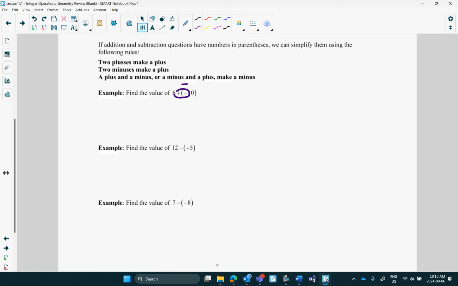If you think about it, you're adding a negative, so you're adding a bad thing, which means you're taking away. So this is the same as 6 minus 10. We've now turned it into a question like we've been doing since the beginning of this lesson. My answer would be -4.